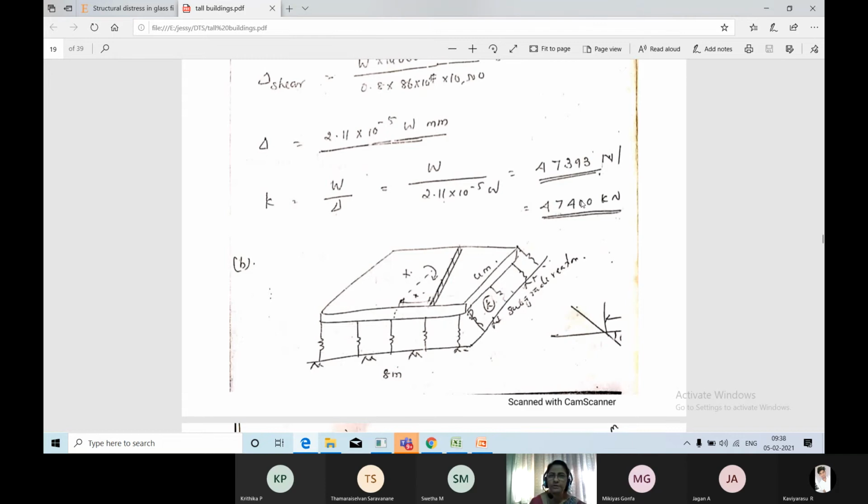So you cannot just say that the first one is more correct, because if the wall is very rigid, there are more chances of failure, because it is a very strong structure.